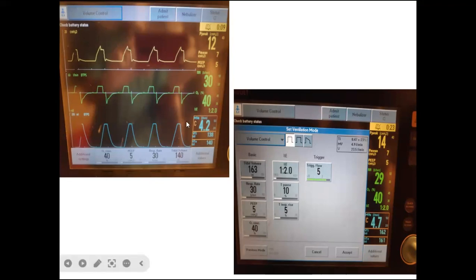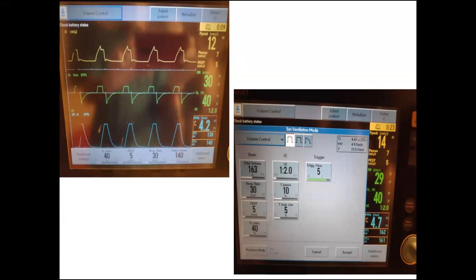So whenever I give this like this, and you have a decelerating flow here, what is the control you are controlling here? The pressure graph is like this. Pressure is not constant, and your flow is decelerating. Volume control.